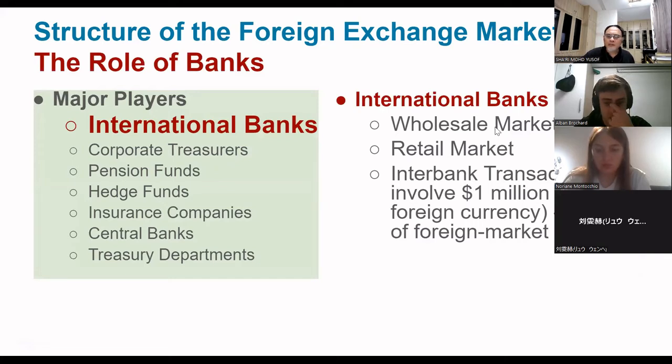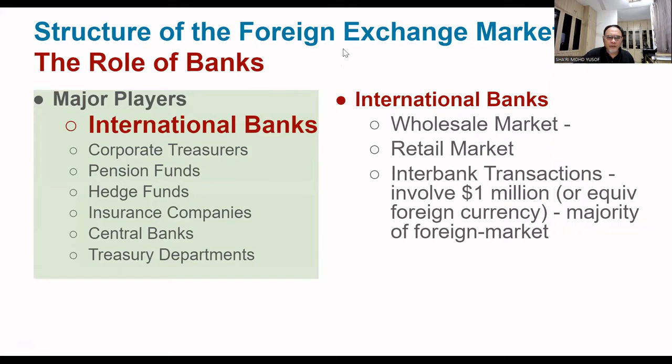Anyway, so the international banks are involved in this foreign exchange. They are involved in the wholesale market, with big customers and firms. Not only that, they deal on behalf of large commercial customers. Interbank transactions typically involve at least $1 million or the foreign currency equivalent for the majority of foreign exchange transactions.